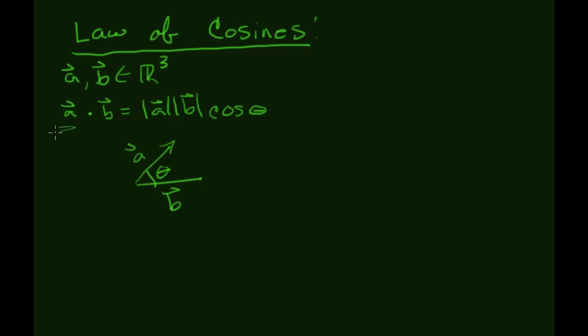So we're making a relationship between the dot product and the angle between the vectors, and that should be helpful to do some actual geometric analysis.